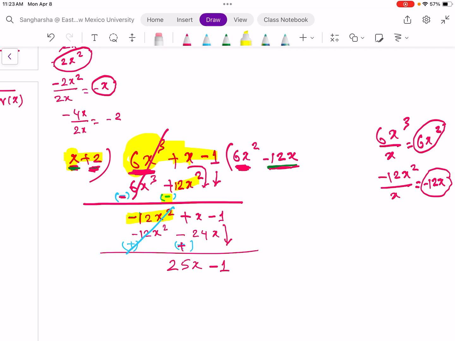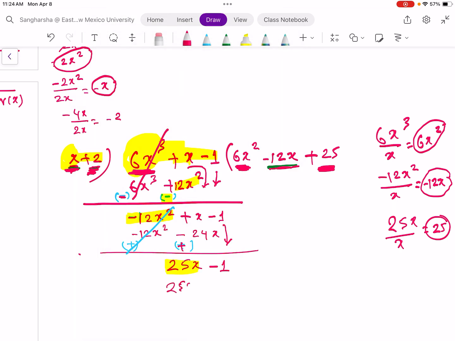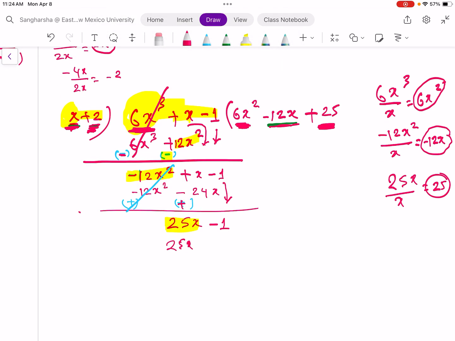One more time. You divide the leading term 25x by the first term of the divisor to get the quotient. 25x divided by x is positive 25. This is our quotient term. Now you multiply positive 25 and every term of the divisor. 25 times x is 25x. 25 times positive 2 is positive 50.